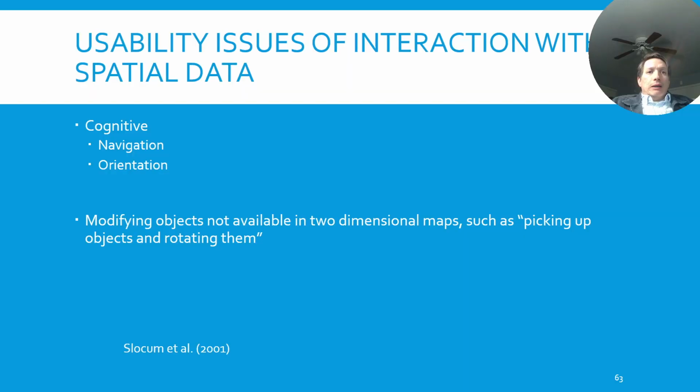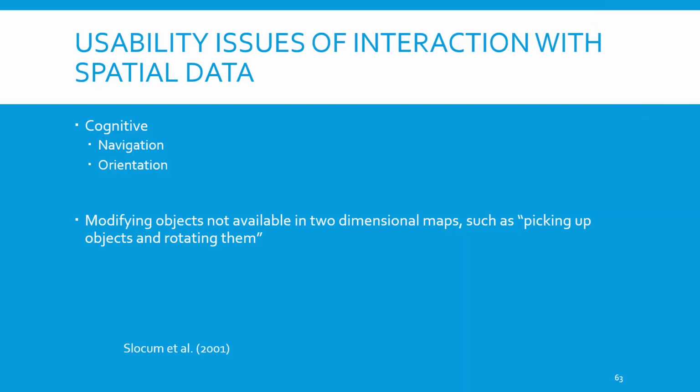Then when we are thinking about usability issues, when we are interacting with spatial data, we are going to have cognitive issues especially. People sometimes don't have a clear concept of navigation or orientation, and can get lost in the process.